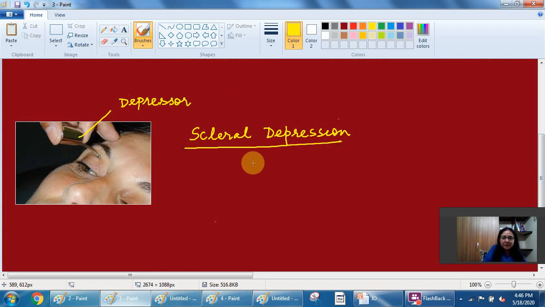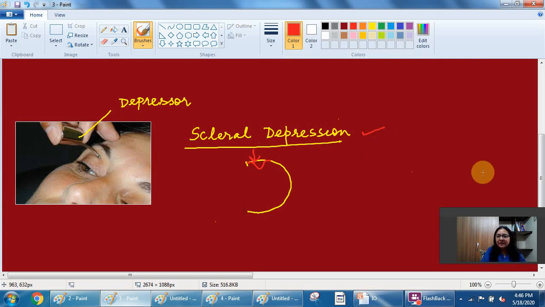Because the globe has a curvature like this, sometimes the most peripheral part of the globe may not come into view. So we apply a gentle pressure here so that this part bulges inside and you can see the extreme part of the retina also. This method is called scleral depression.